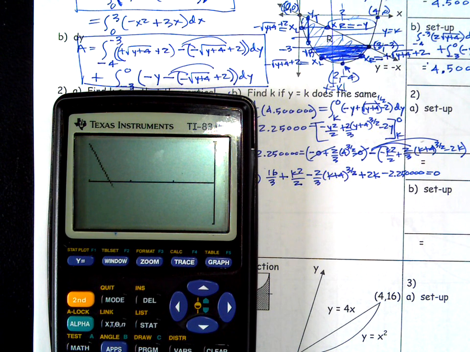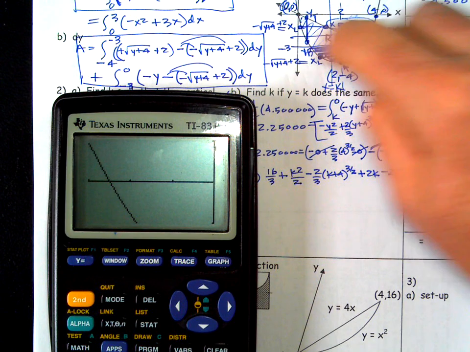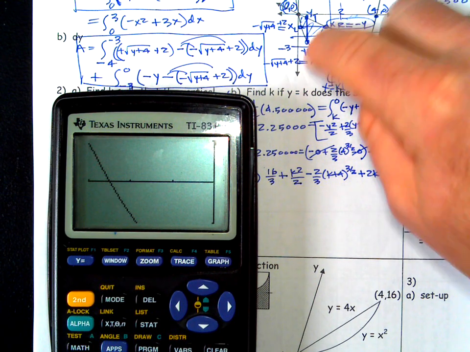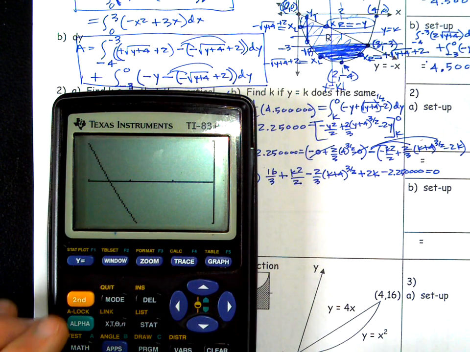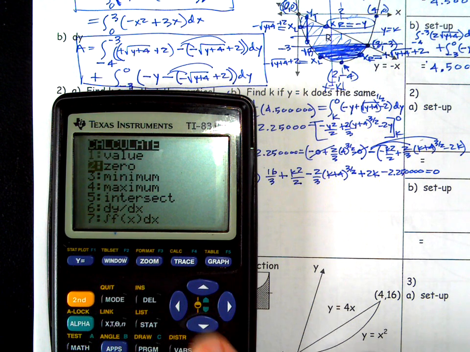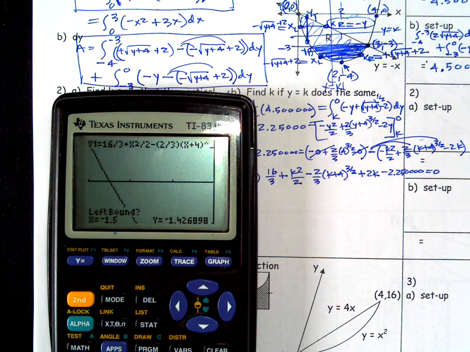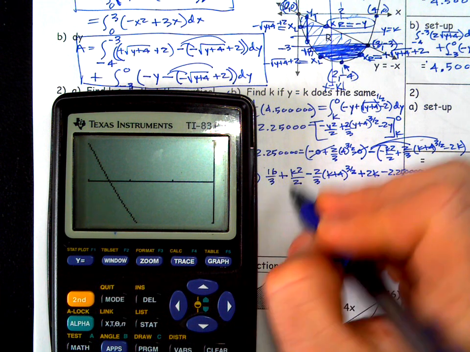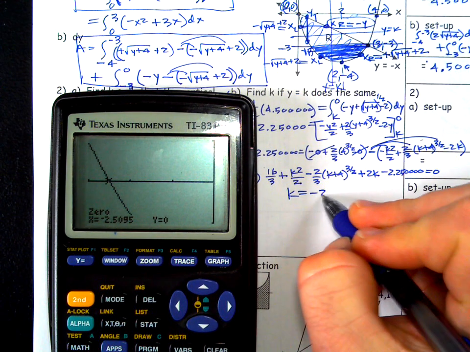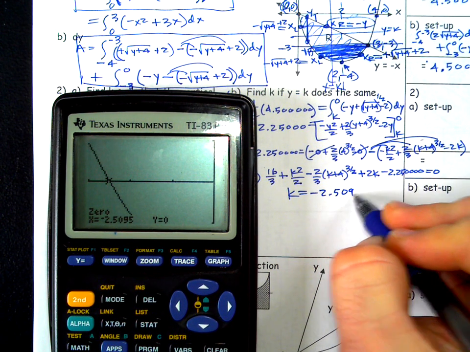And there it is right there, which kind of makes sense that it's kind of lower in this region because a bunch of that area already got added to count towards half the area. Second, calculate 0. It's between -3 and -2. I'm going to guess -2.5. And k equals -2.5095.